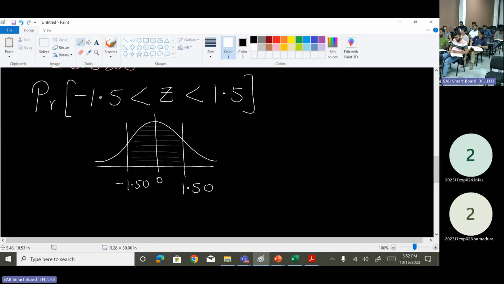But in the table, we have 0 to whatever the level we require. Now, this is 1.5. This is minus 1.5. So this area and this area are the same. So what we do, we refer to this area and double it. This and that are the same, because this and that area are the same.